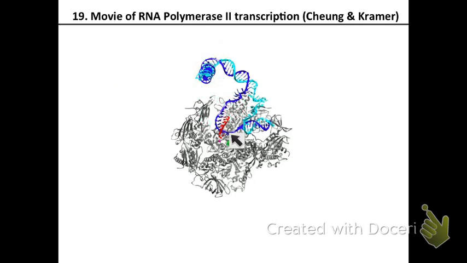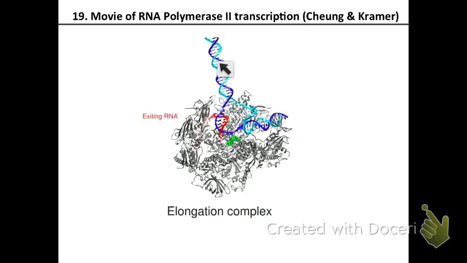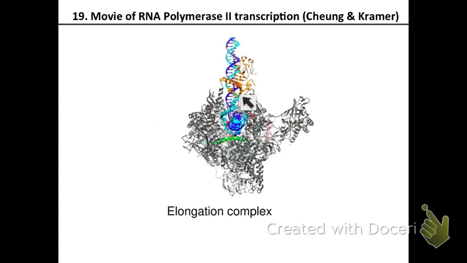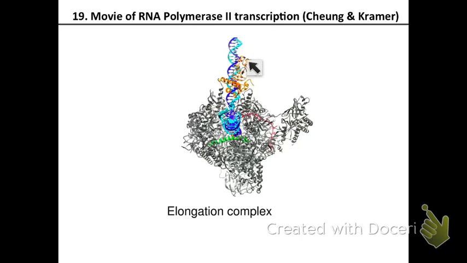Once the polymerase escapes the promoter, the structure looks a little bit different. You no longer make contact with the TBP, etc. So here is your open DNA, and your RNA is going to exit from this side. It's going to make more protein-protein interactions with some elongation factors shown in orange.